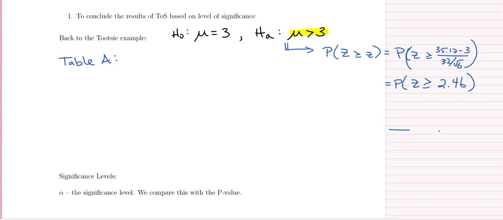The probability that z is greater than or equal to 2.46 is going to be this area. But to use table A, we actually need to look at this area, because that's what table A gives us, and then subtract that from 1. So we're going to look at the cumulative proportion of 2.46.